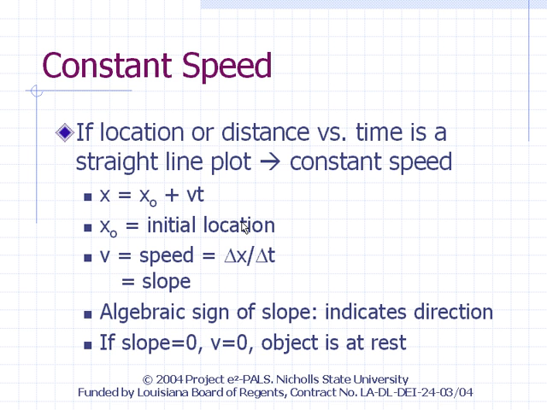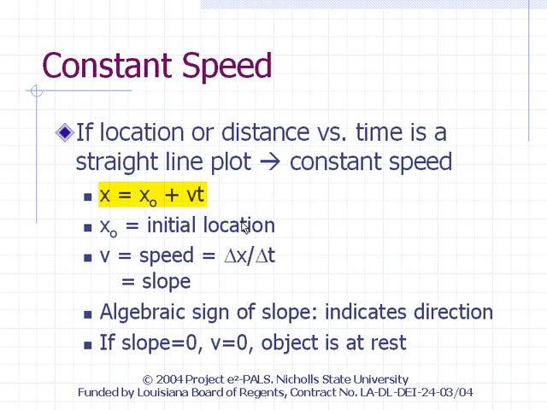There are cases where the motion of an object can be concisely described by a mathematical equation. If a plot of the location versus time is a straight line, then the equation that relates location to time is given by x equals some constant, shown here as x naught, plus another constant, shown here as v times t.